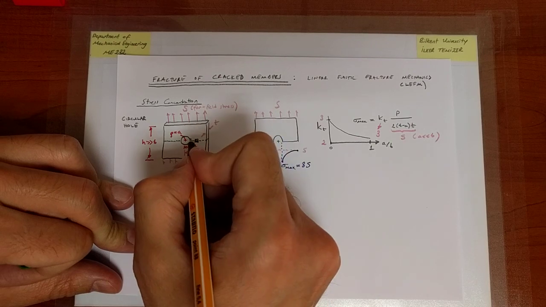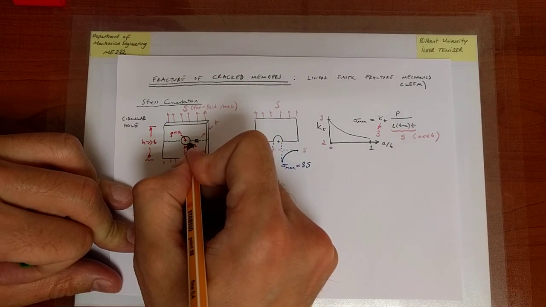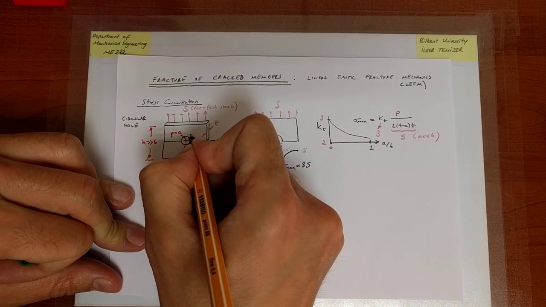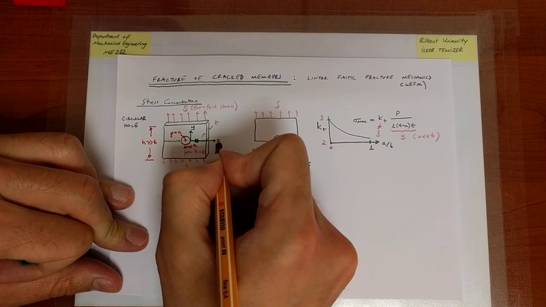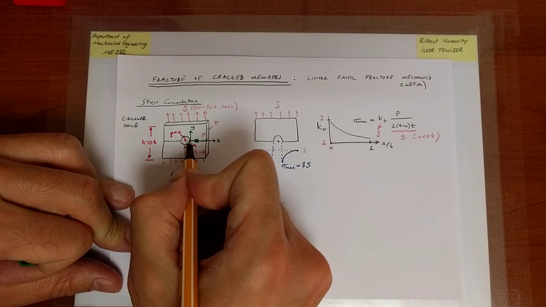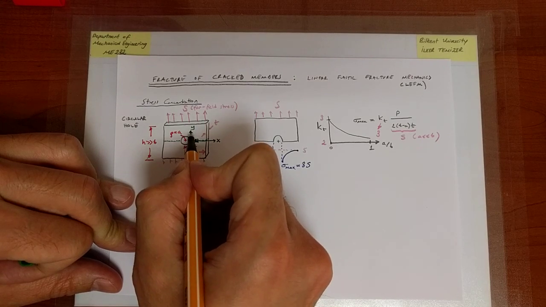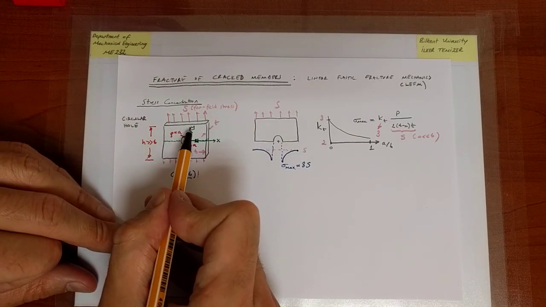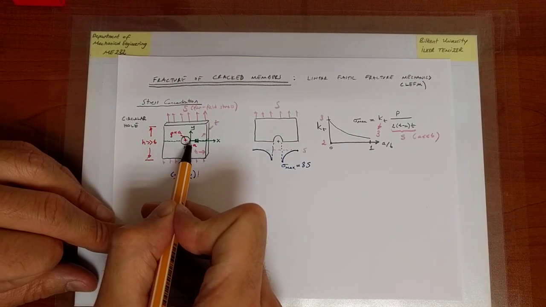So I will put a coordinate system, an x there and a y there. When x is 0, I'm right at the edge of the hole, and when y is equal to 0, I'm at that point. So x equals 0, y equals 0, I'm at the edge of the hole.